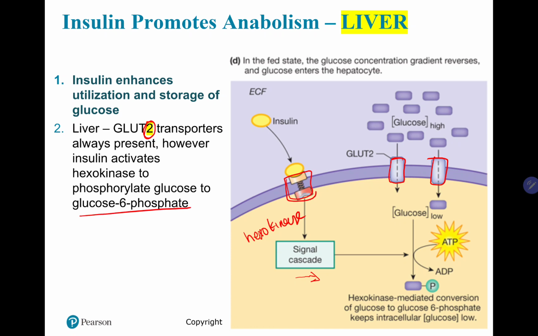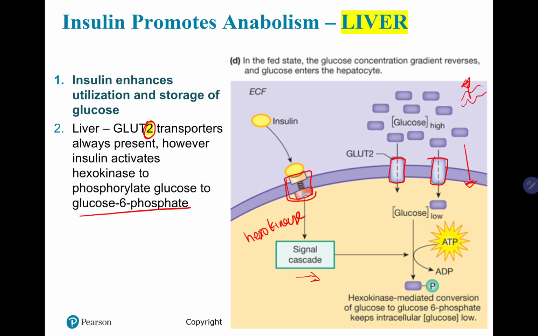And so now we're changing this glucose that's coming into the cell. Now it's not glucose anymore. Now it's glucose 6-phosphate. And because it's glucose 6-phosphate, that helps glucose continue to move down its concentration gradient. Because remember, in a fed state, glucose concentrations are high in the extracellular fluid.